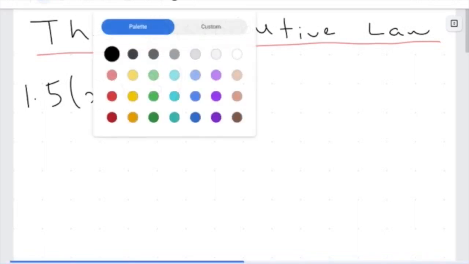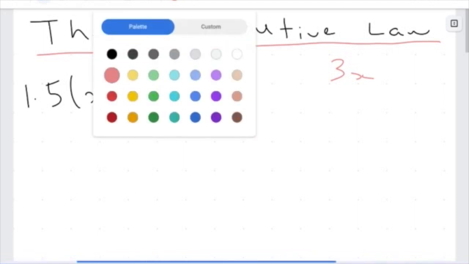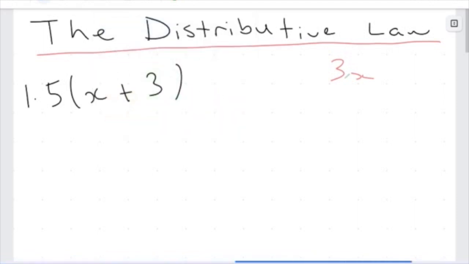Now, you may remember from before that when we write things next to each other in algebra, so for example, we write 3x, what's implied here is that there is a multiplication going on here. Now, the same thing happens with brackets here.